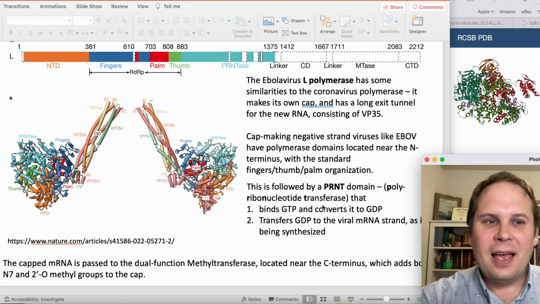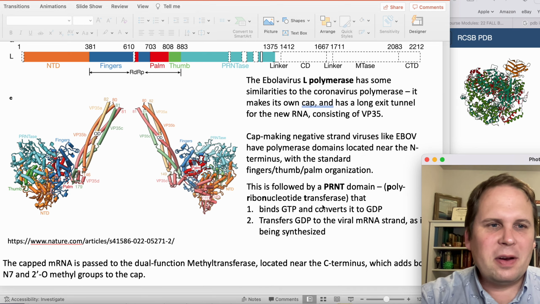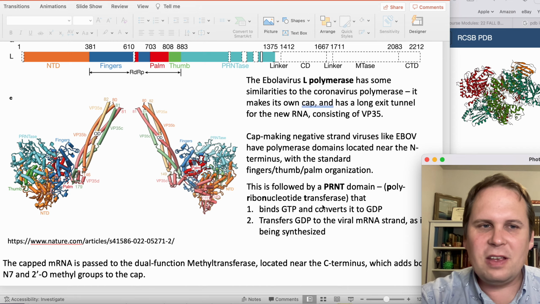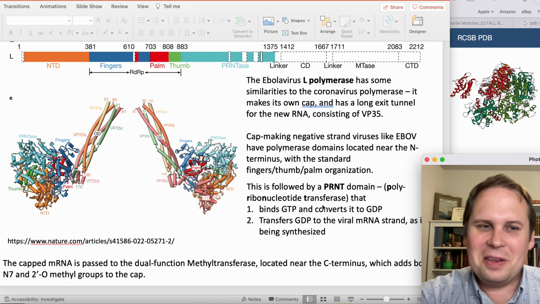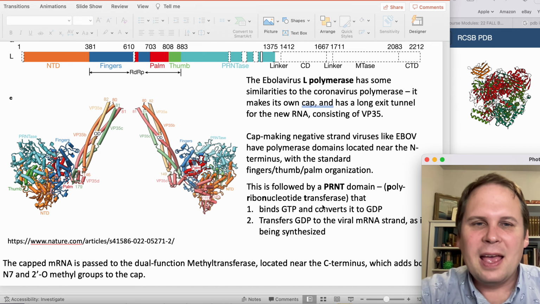Yeah. But it has that function, and it has one more function. So you remember in coronavirus, we had a helicase that could convert GTP into GDP. Whether or not that's the actual method it uses to get GDP, we don't know. But it's there. Maybe it is. I don't know.